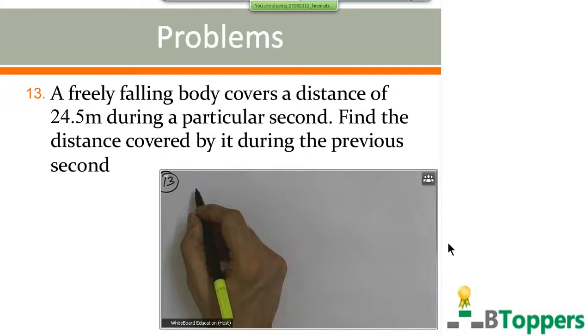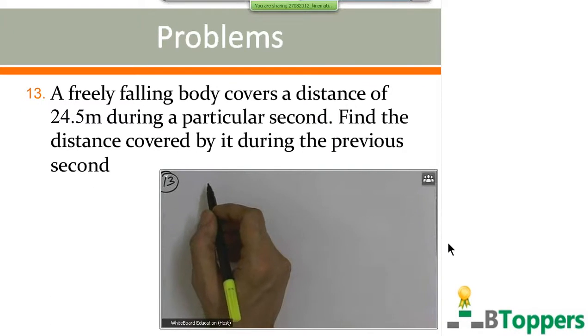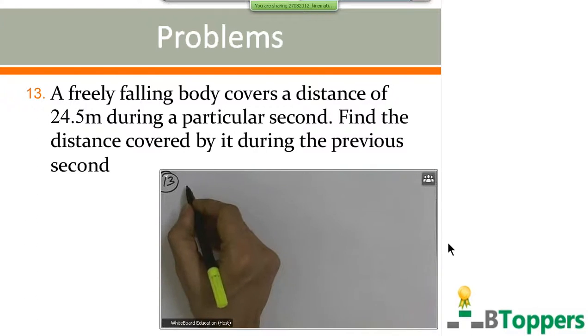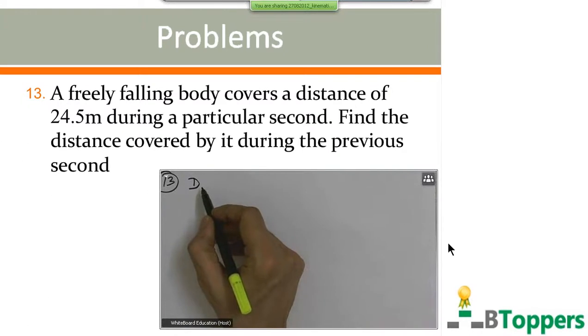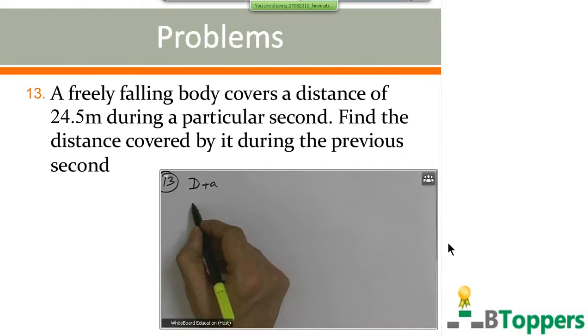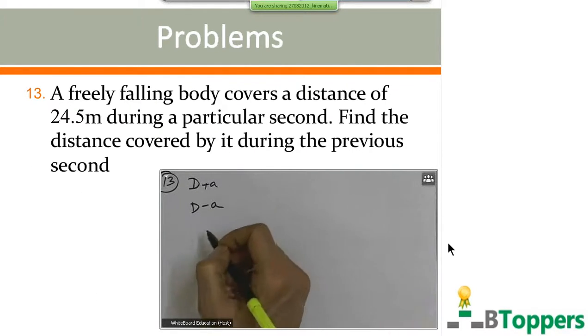One of the conclusions which I have discussed previously: if a body moves in a straight line path with uniform acceleration, then the difference between the displacements covered in successive seconds is numerically equal to the acceleration. So in general, if a body moving in a straight line path with uniform acceleration covers a displacement d in a particular second, then the displacement covered in the next second is numerically equal to d plus a, and the displacement covered in the previous second will be numerically equal to d minus a.